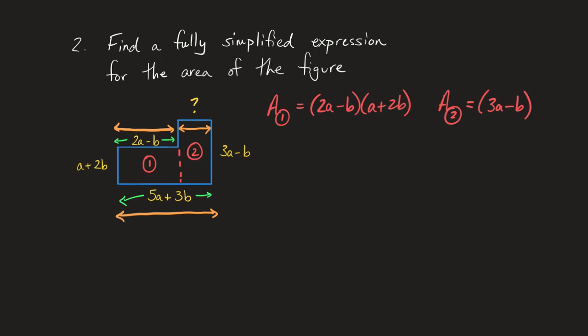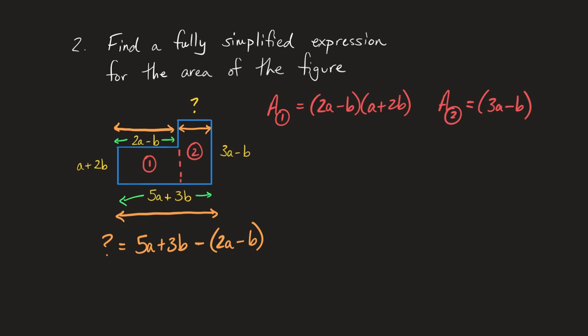So I could say that the question mark at the top has to be all the way across the bottom minus the part I know. You'll notice I made sure to put brackets around that subtracted part to ensure that I subtract all parts of that dimension and not just the first term.